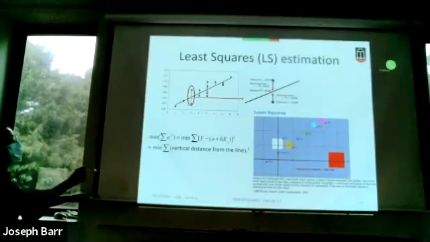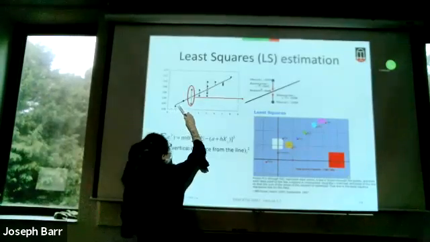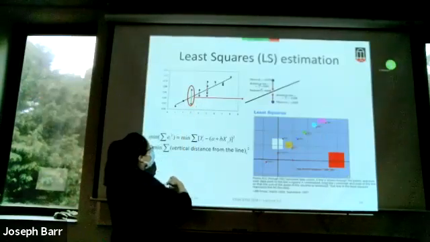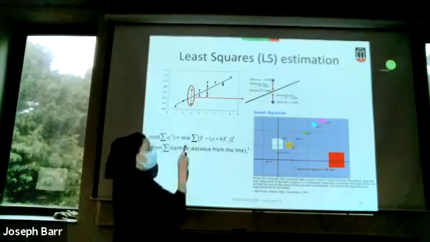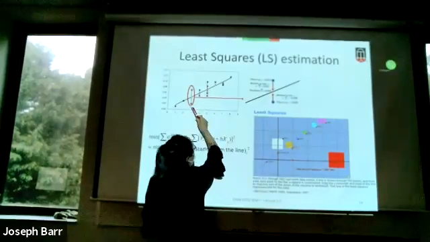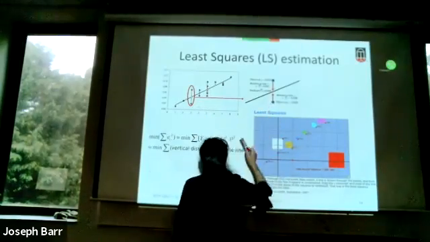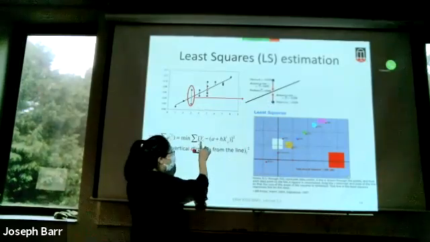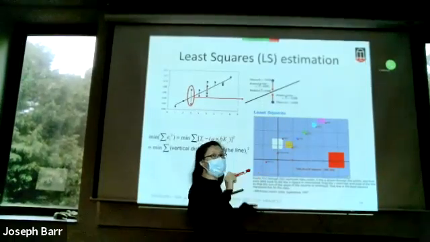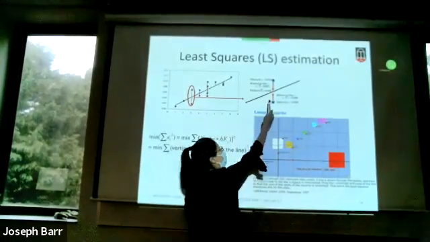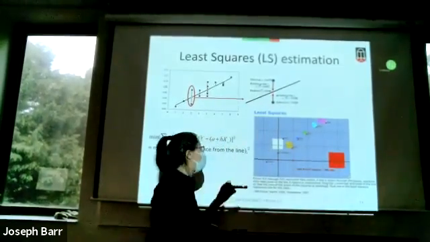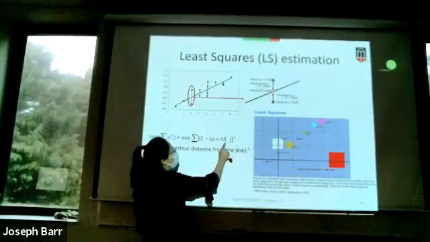This is another view of least squares. We have the regression line here, and these are the observed dots. For each dot, because we have the regression line, we have a residual. How do we define the residual? It's the observed y minus the expected y. The expected y is located on the regression line, decided by the A and B parameters. The vertical distance between these two dots is the residual.